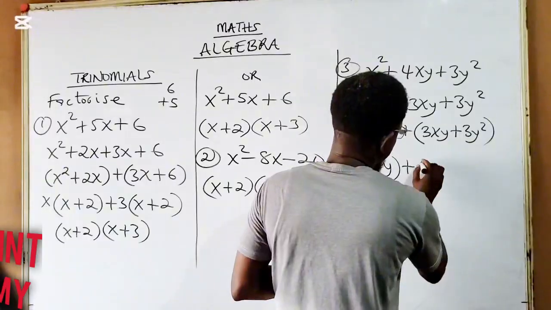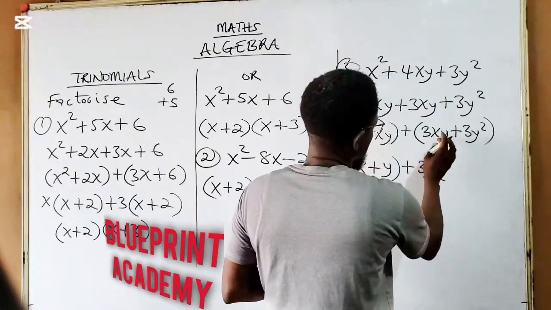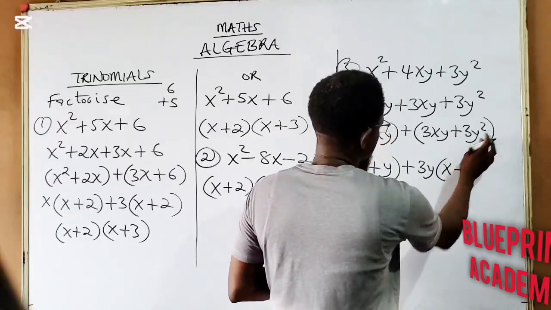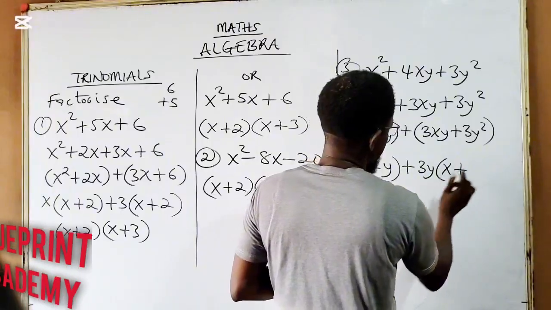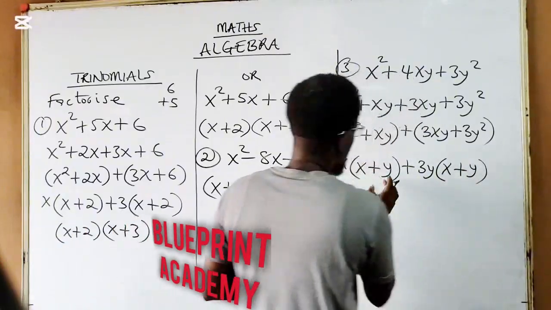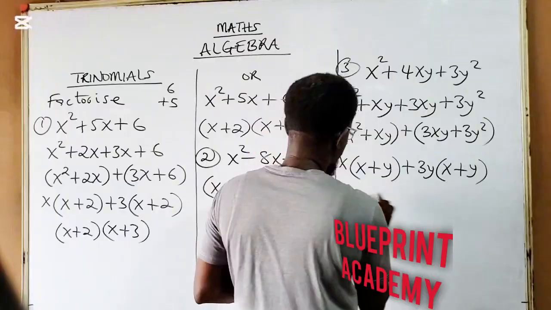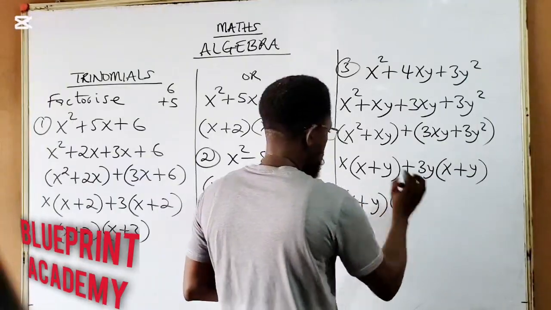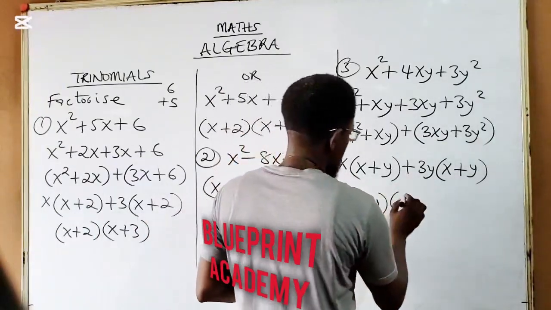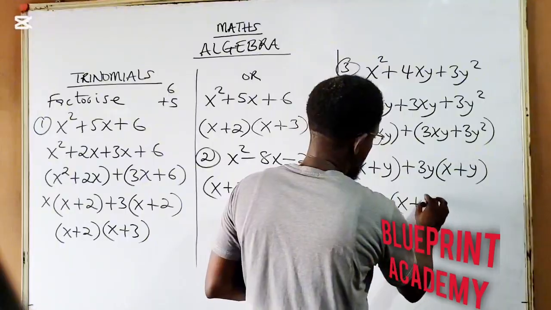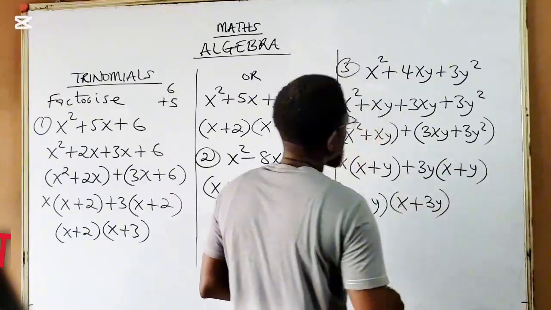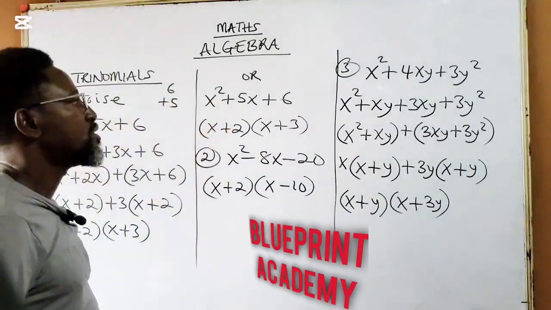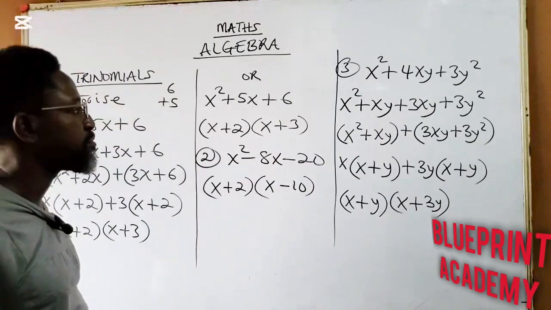So that will be 3y. So 3xy divided by 3y will give us x. Then 3y squared divided by 3y will give us y. So we get x plus y here, x plus y here. So we'll take 1 x plus y, open another bracket, then we'll get x plus 3y. So that is the answer to that particular question.